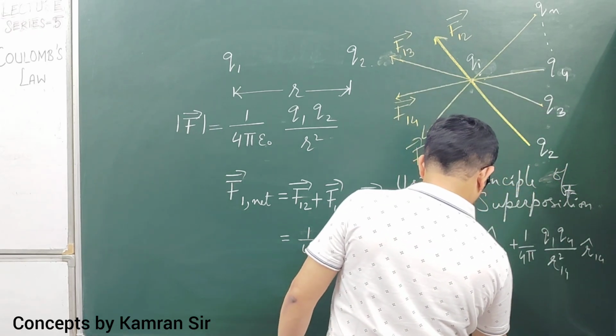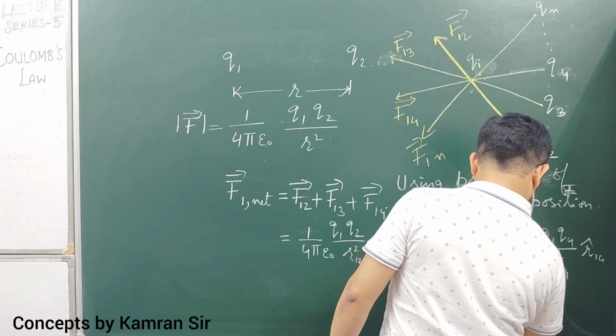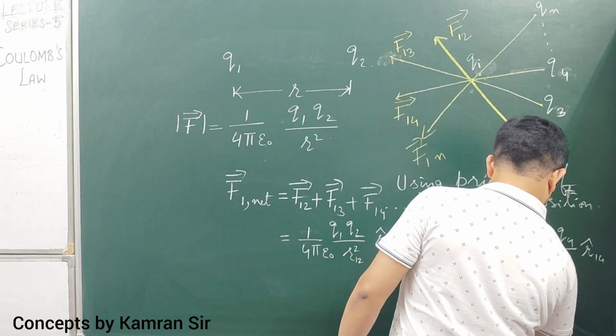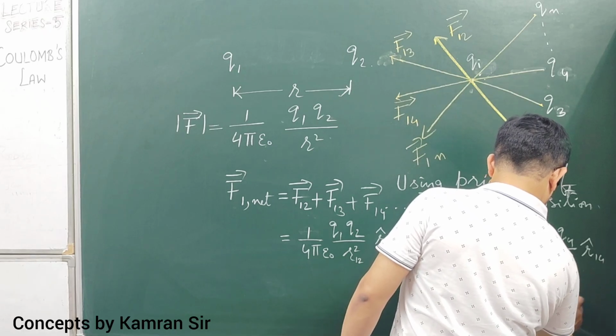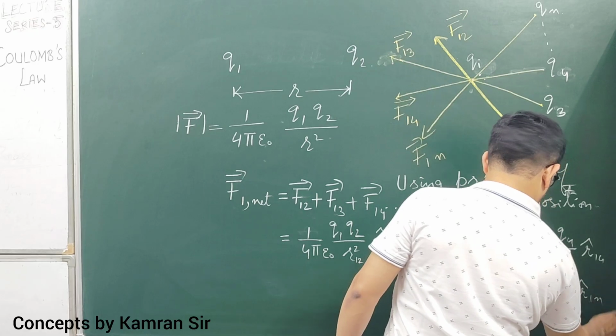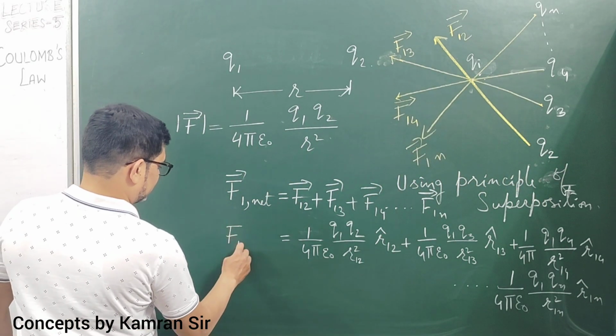It would go on until 1 over 4 pi epsilon naught Q1 Qn divided by R1n squared, multiplied by the unit vector 1n. This is how we can represent this vectorially.